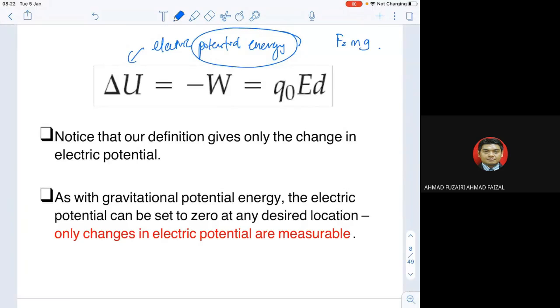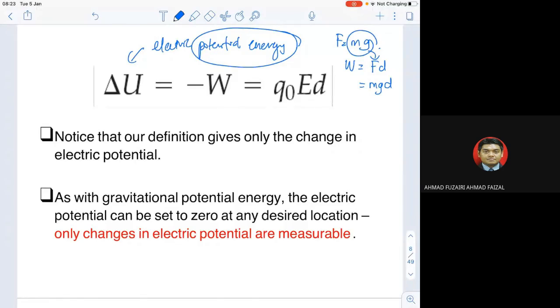So if we put this value inside the W, where work done is equivalent to F d, then when you replace the F it becomes mgd. That's how we get work done. So what is the difference with potential energy?